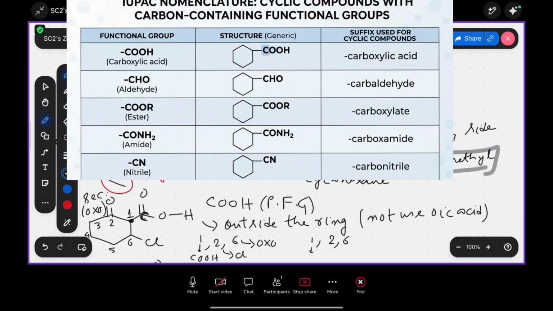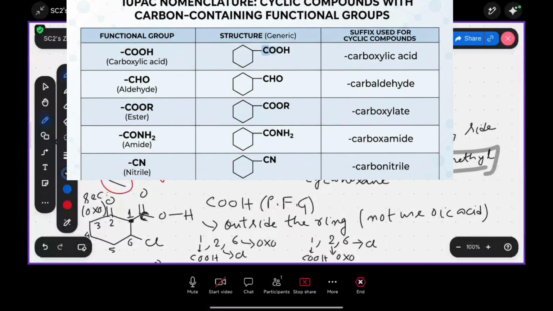At the 1 position, you have the carboxylic group. At the 2 position, you have the oxo group. And at the 6th position, you have the chlorine C. So, you know that if you number from both the sides and you get the same locant, then alphabetically which comes before gets the lower locant.